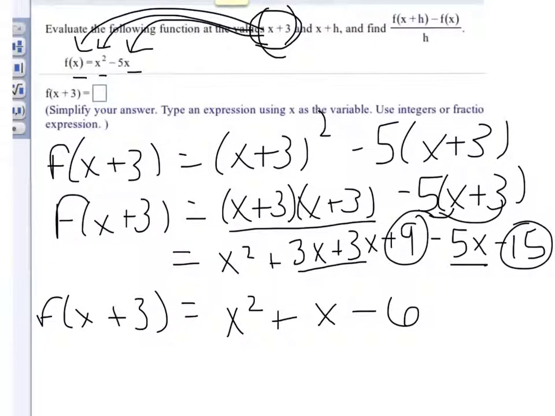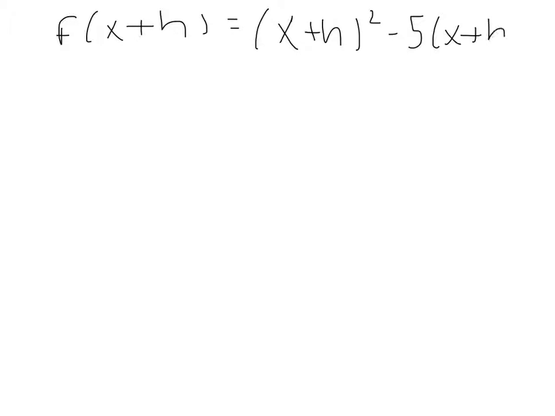Now, for the second problem, we are asked to evaluate f of x plus h. So everywhere there was an x in the original function, we are going to replace it with x plus h. So it will look like (x plus h) squared minus 5 times (x plus h).